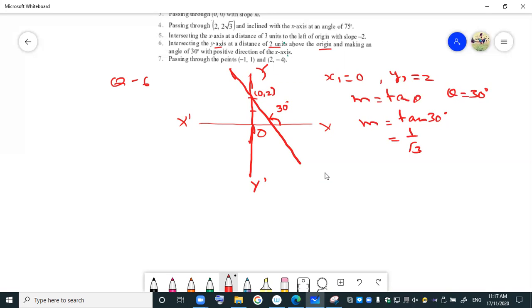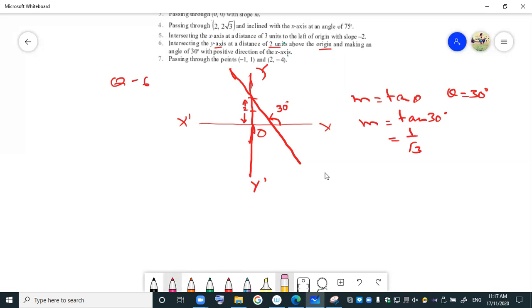And for the equation of line, we can use y is equal to mx plus c also, because this is given as 2, c is 2 also. So we can use y is equal to mx plus c here. So instead of taking this point, if we consider this intercept on y-axis, we can do it that way also. Both are correct.